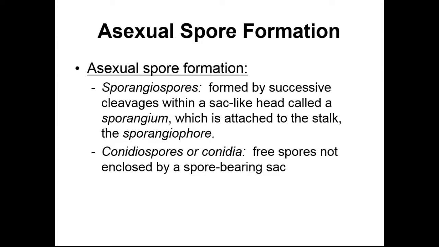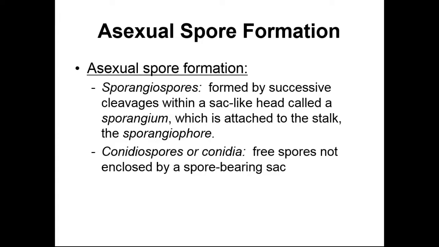The sporangium is the ball at the end of the stick, or the ball at the top of the tower, so to speak. And the sporangium is what gives off the spores. The sporangiophore is the tower that holds it at the top. And if you take a sporangium and combine it with a sporangiophore, you call it a sporangiospore.